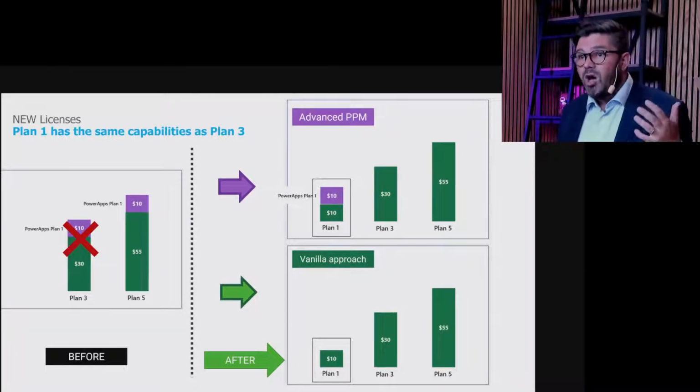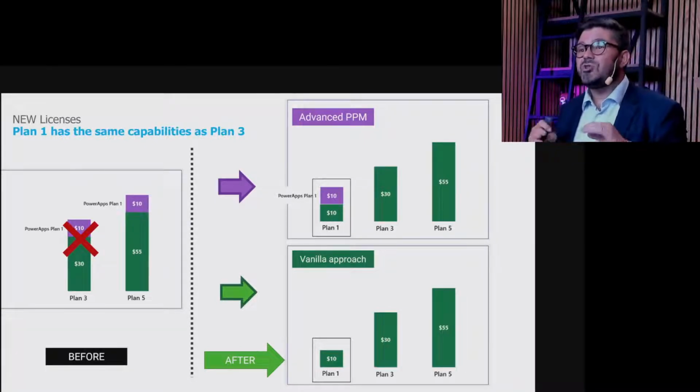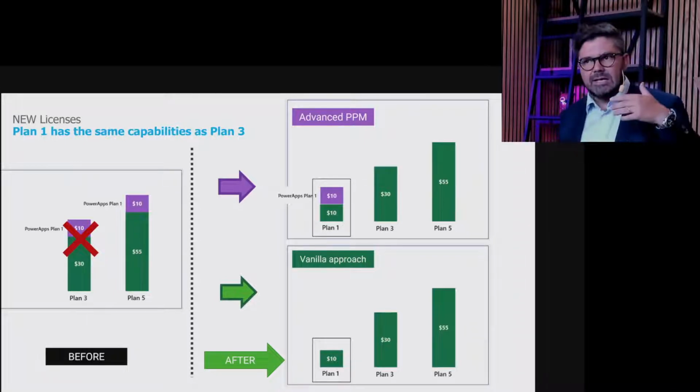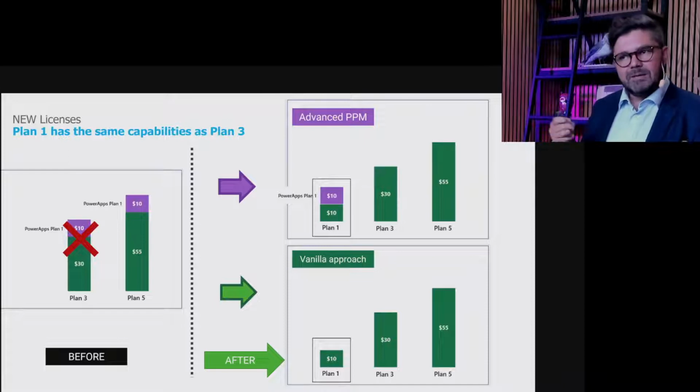So from $40 that it was before, now it's only $10 US. And this is the list price, which means it's the most expensive we will pay. Depending on your agreement, you probably get some discounts.